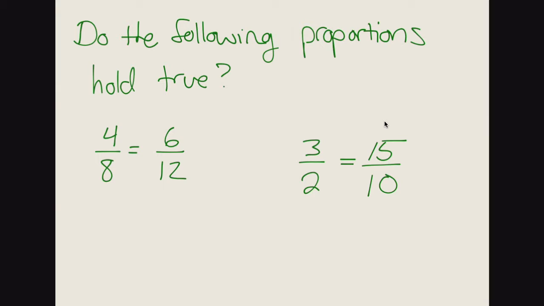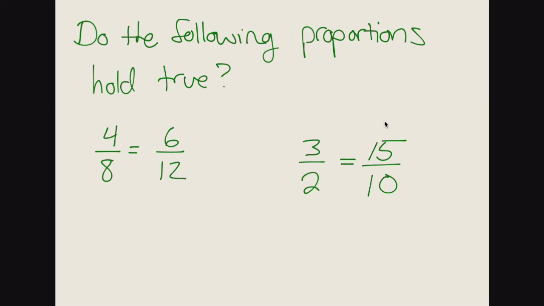Now, at first glance, 4 over 8 and 6 over 12, they don't look exactly the same. They don't look anything alike. They're totally different numbers. But you have to remember that fractions can be simplified to have the same value. And if you can simplify both sides so that they are equal, we would say that the proportion is true, or that it is a proportion. So 4 over 8 simplifies to what fraction?